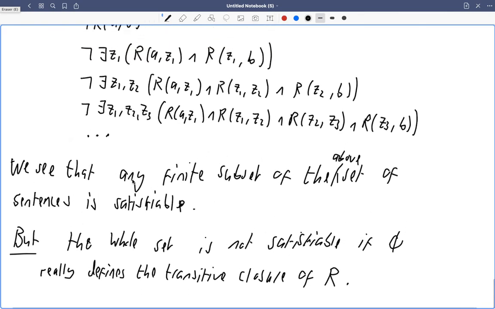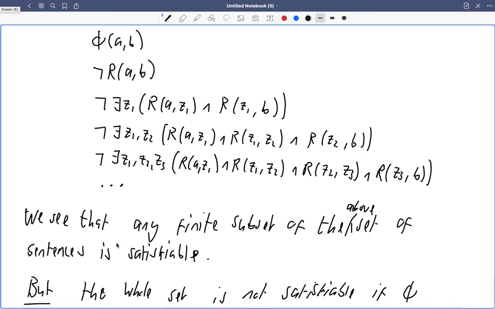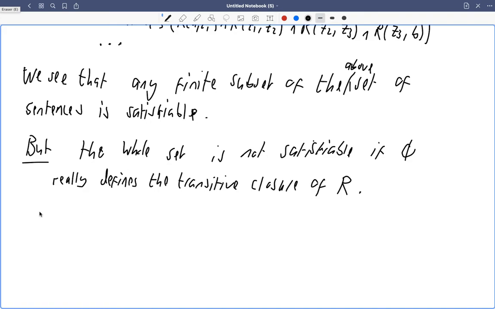So the whole set of sentences is not satisfiable, but every finite subset is satisfiable, so that contradicts the compactness theorem.